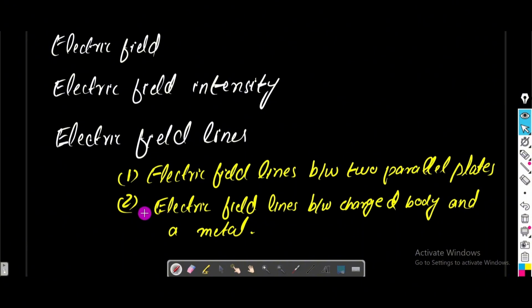And we will explore what will happen if we bring a positive charge near an emitter. So in this video we will focus on the electric field lines between a charged body and an emitter. So let's start the video with a simulation.